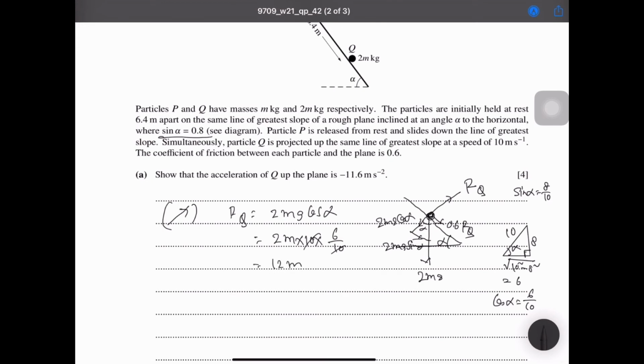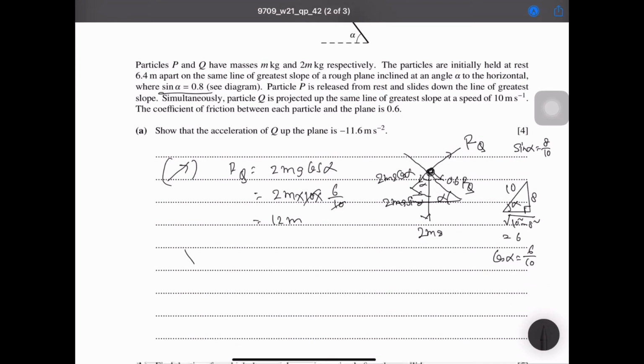Now let me resolve in the direction of motion. Minus 0.6R minus 2mg sin alpha equals mass times acceleration. So 0.6 into 12m minus 2mg times 8 by 10 equals 2m times acceleration.